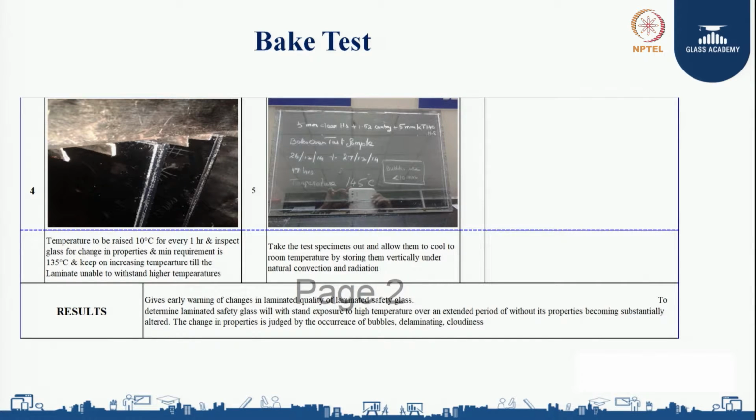So this is a durability test, and through this test we are ensuring how our laminated glass is able to withstand high temperature over an extended period of time, and the change in properties in the form of bubbles, delamination and cloudiness we can find.